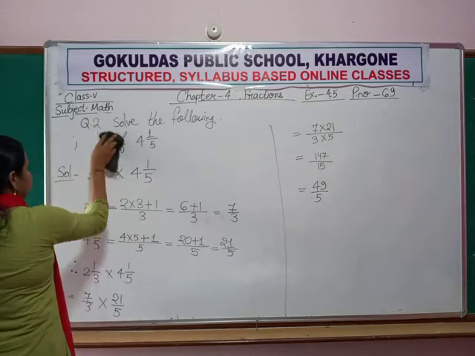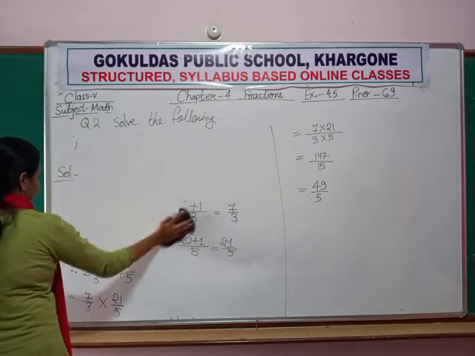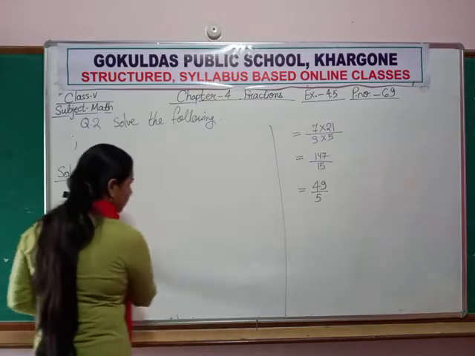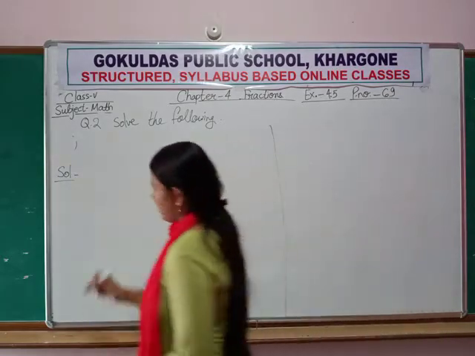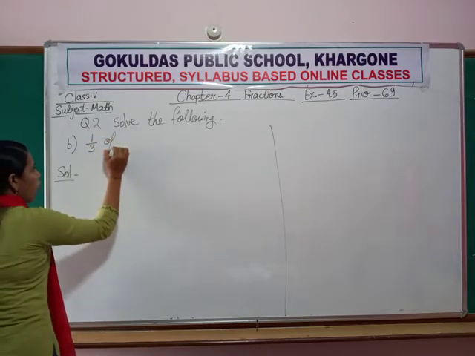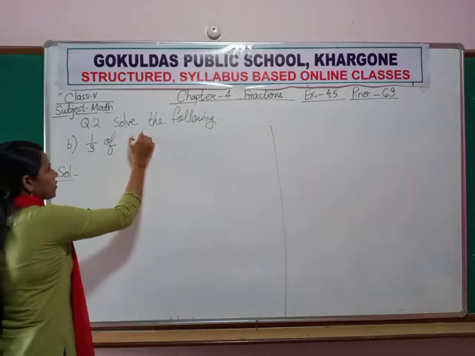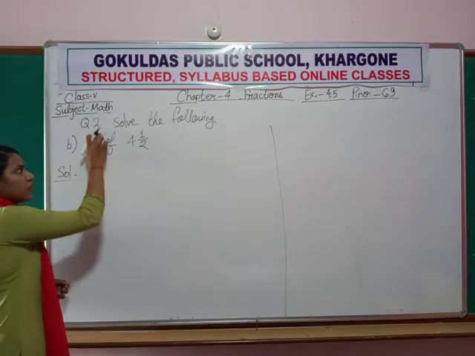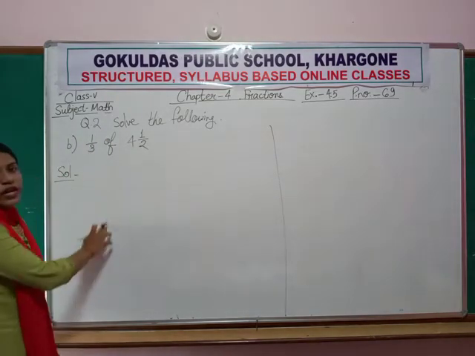Question number B. In question number B, given is 1/3 of 4 1/2. Now 1/3 is a normal fraction, so we do not need to convert it.